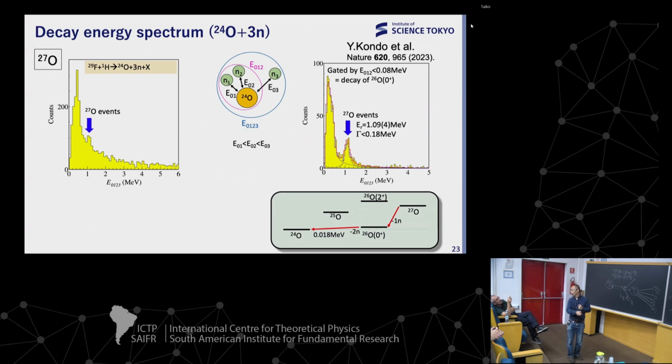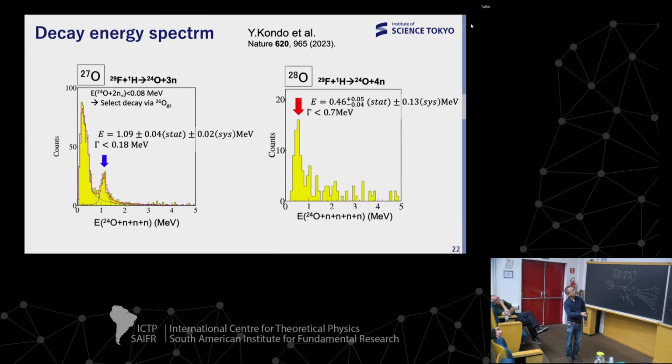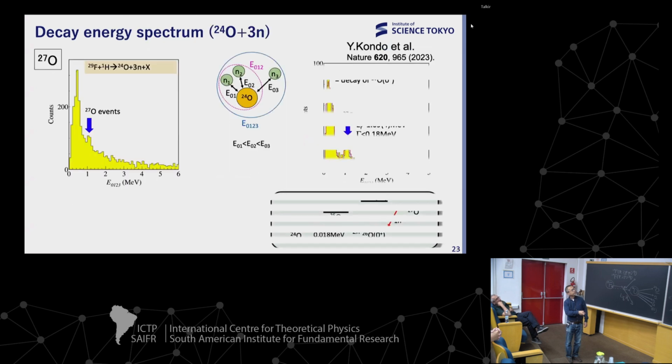But why did you write 27? Because this is 3 neutrons plus oxygen 24. This is the same figure as in the other one. Is it the decay channel? Yes, it's just the decay channel.